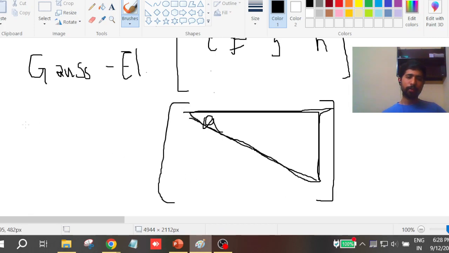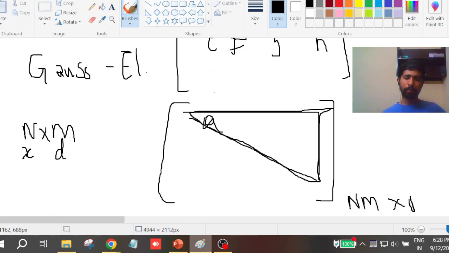Say for example in 2D, if I have n cross m grid points across the x direction and across the y direction, you can clearly see that I will end up with an nm cross nm matrix. The order will be nm cross nm.